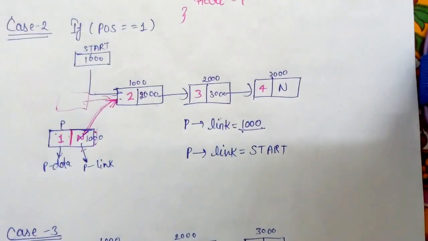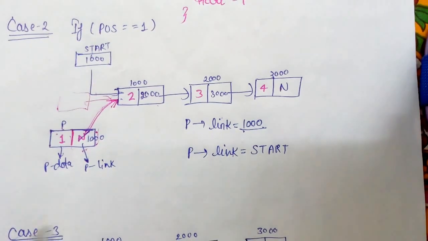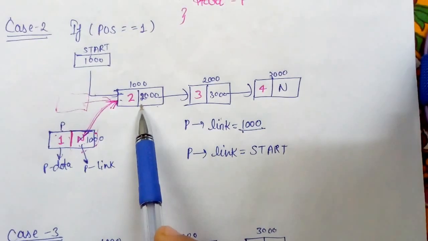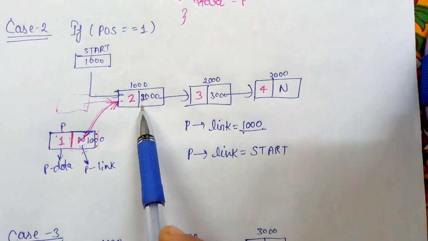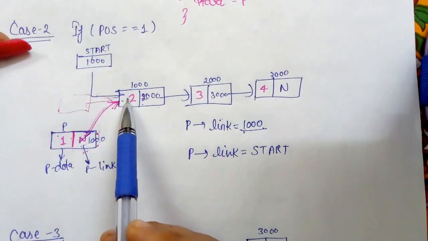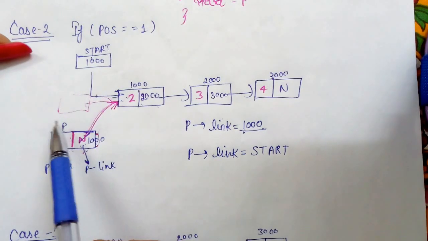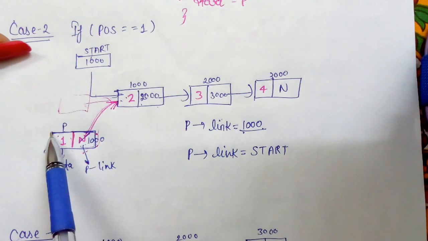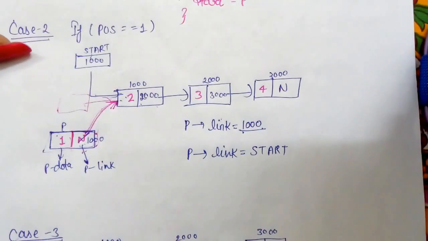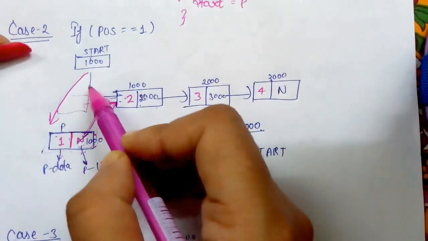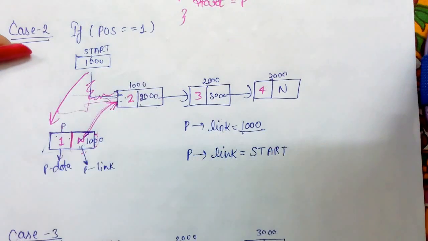Now I have created a link between the first node and the second node. But as you can see, start is still pointing at this node, even though I have created a new node at the first position. So now I will have to adjust the pointer, and start should point at this node, not on this node.